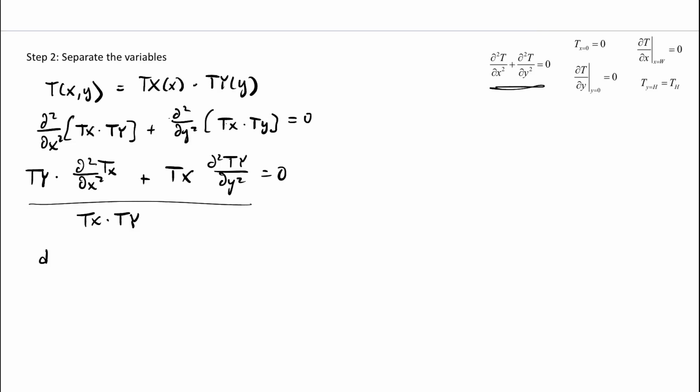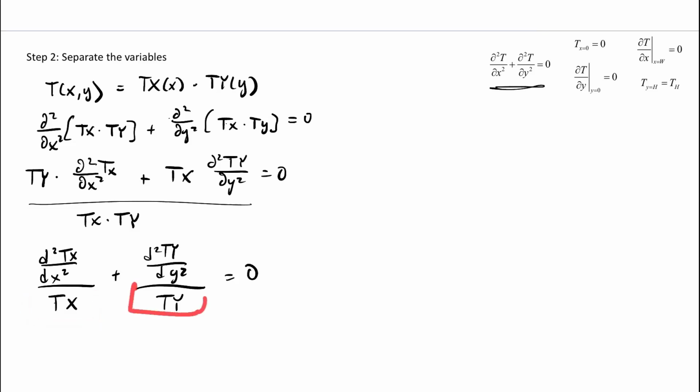So now we'd write d, no longer just the partial: d squared Tx over dx squared, divided by Tx, plus d squared Ty over dy squared, divided by Ty, equals 0. We've now successfully separated the variables: this term here is just a function of x, and this term here is just a function of y.